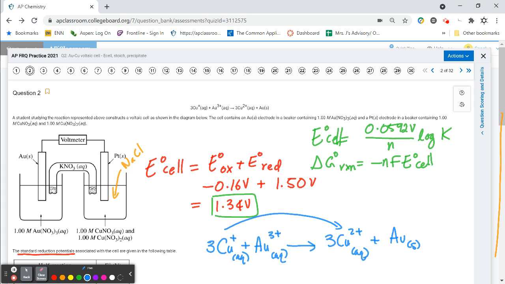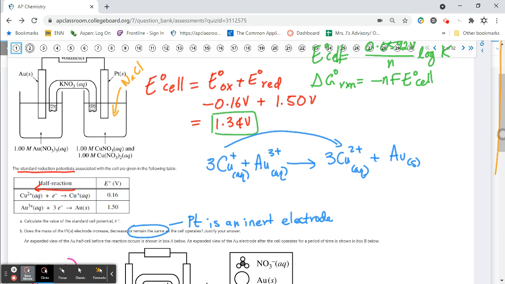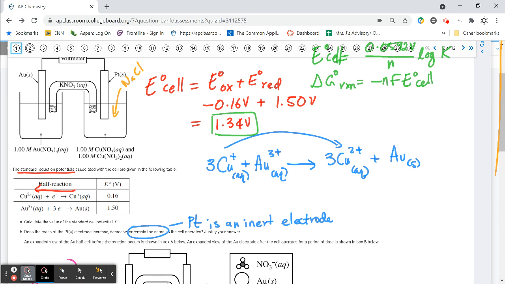When you remove copper 1 ions from solution, you are removing your reactants.